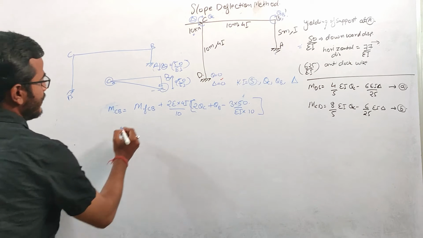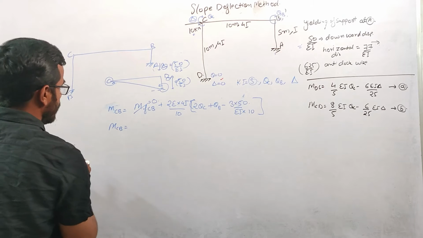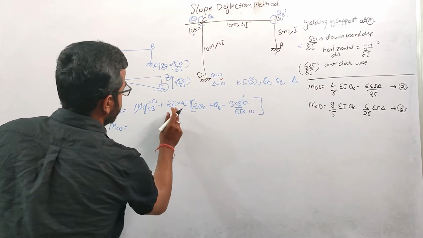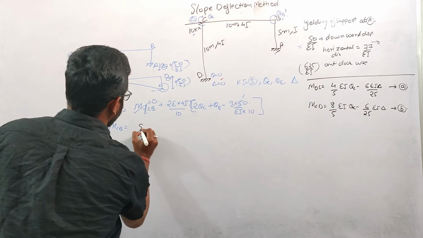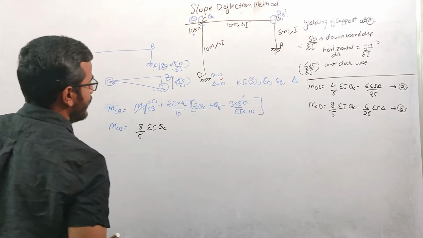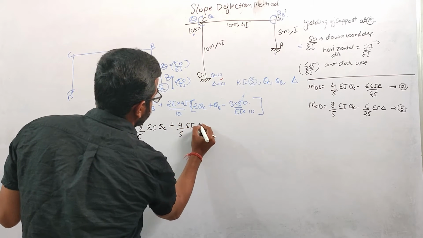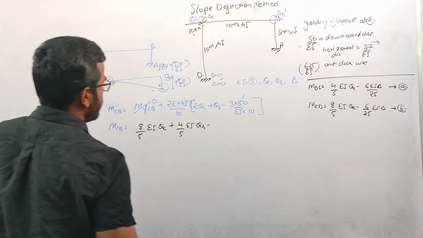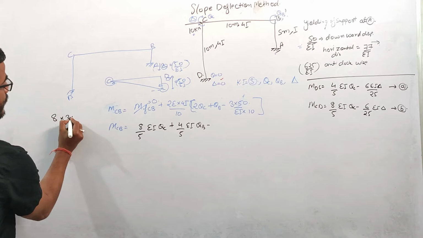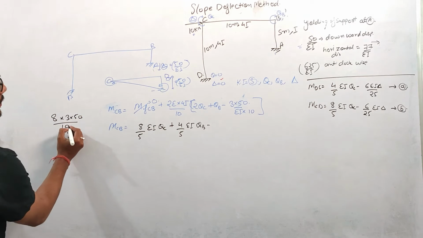Okay. So if we solve, this term will be 0. So MCB will be equal to 8 by 5 EI theta C, right, plus 4 by 5 EI theta B, and minus, I can write this as 8 into 3 into 50 over 100.